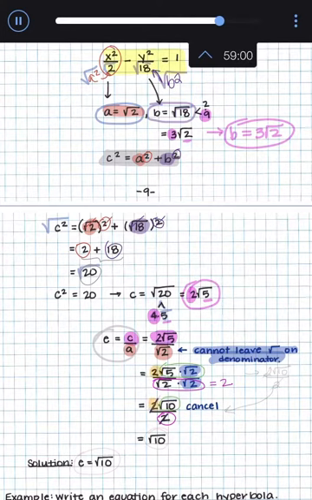So that gives you 2 square roots of 10 over 2. Then you can notice that the 2s on the front and on the bottom cancel out, leaving you with just the square root of 10 on top. So the answer for the eccentricity is the square root of 10.